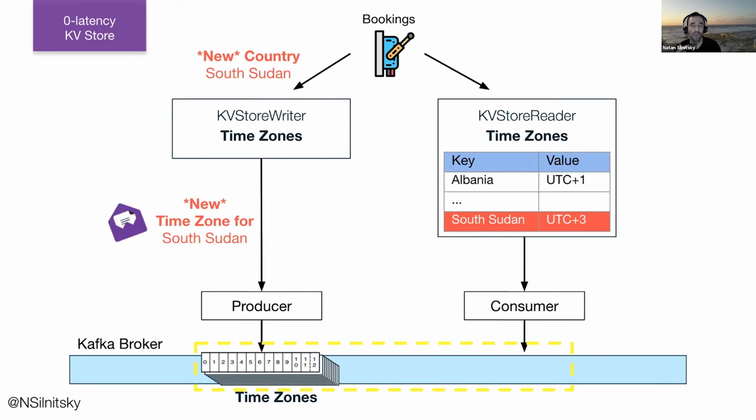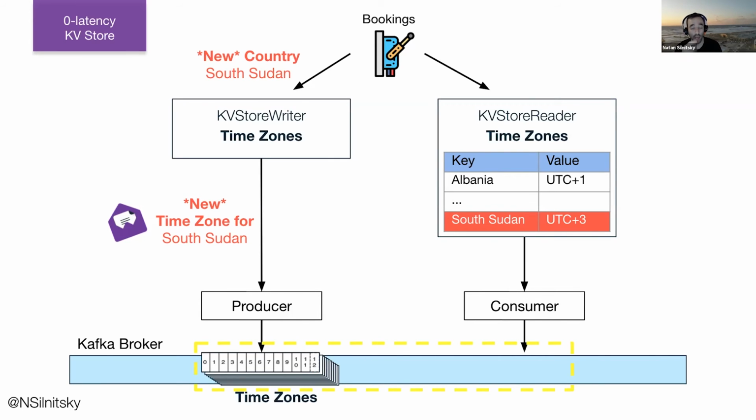So now that Bookings has accepted this new event that has a new country, South Sudan, it can now automatically add the time zone needed for South Sudan. So it also has a key value store writer for time zones.